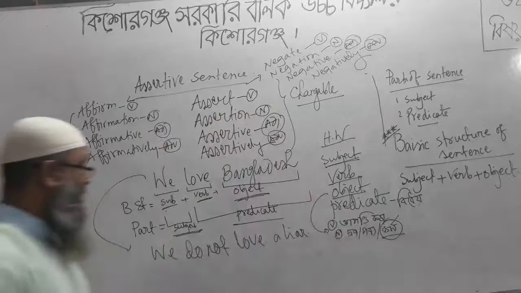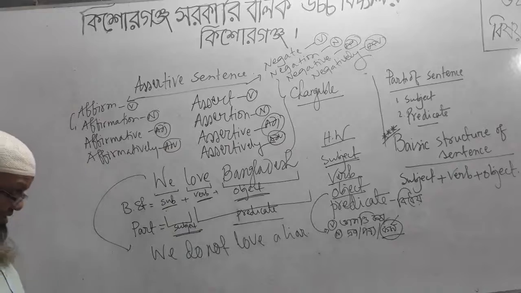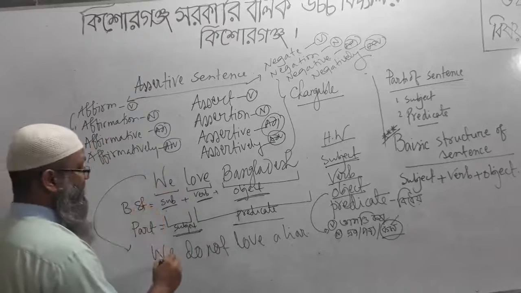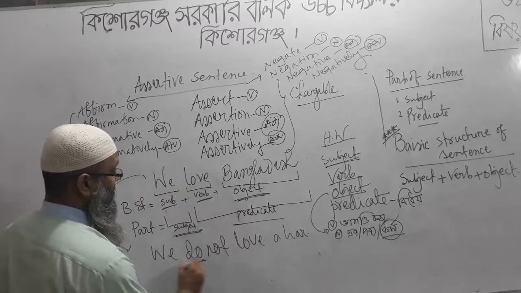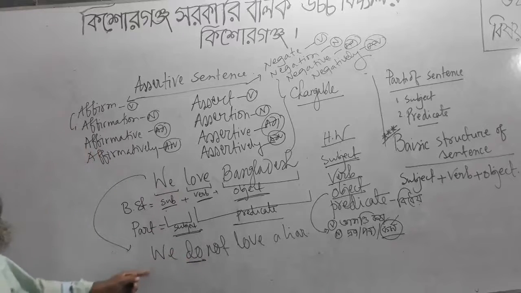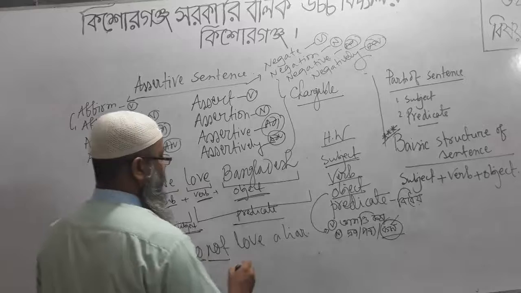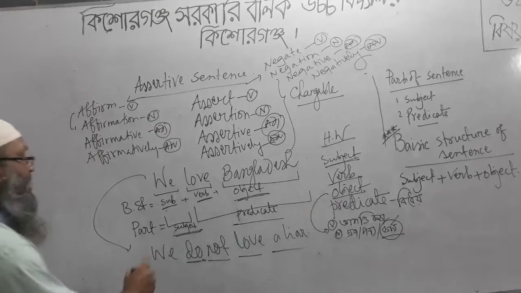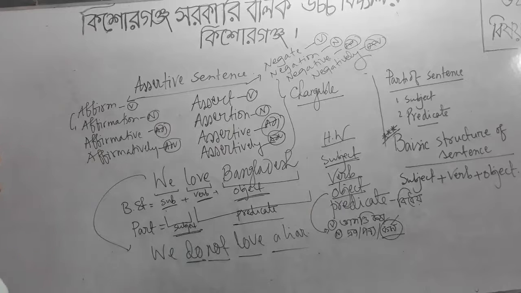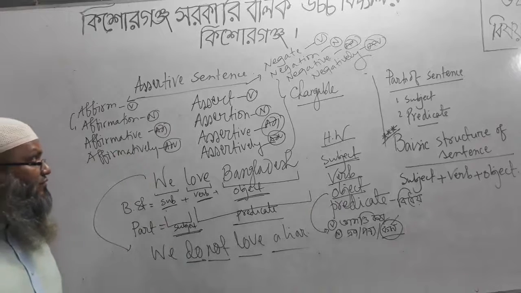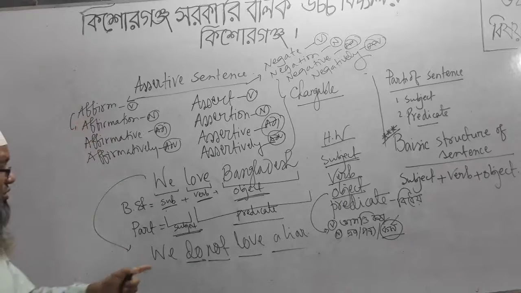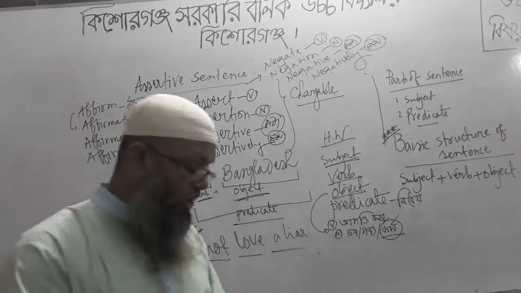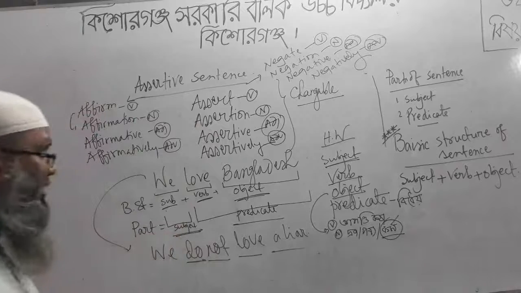See that we do not love a liar, and as it is in the present tense, you have to use do after we, and not, and then the main verb, and then the object. In the same way, whenever we turn any sentence from affirmative to negative, you have to use an auxiliary verb, and after that auxiliary verb you have to use not. In this way you have to turn the sentences.